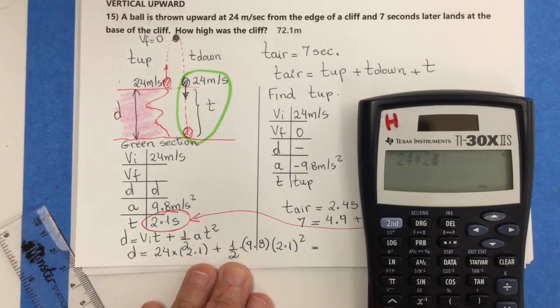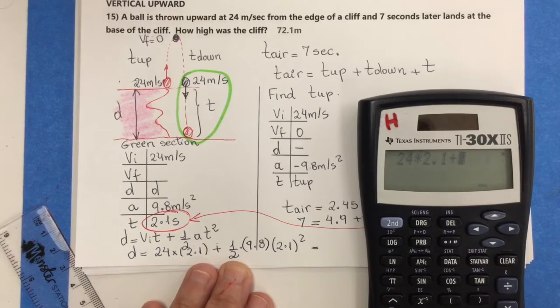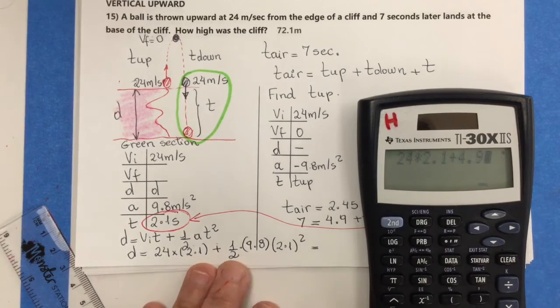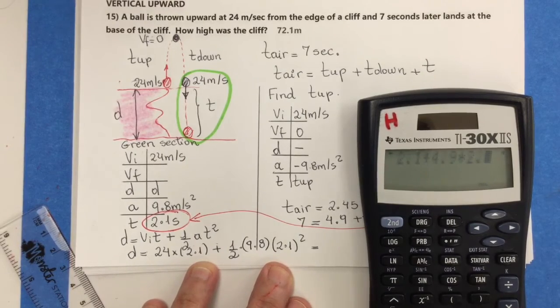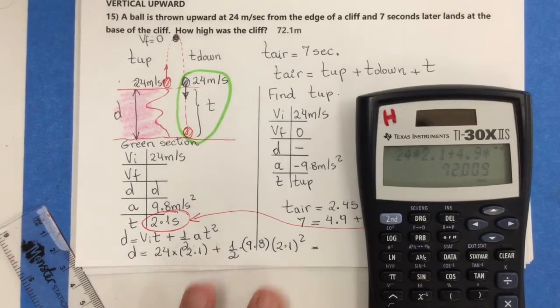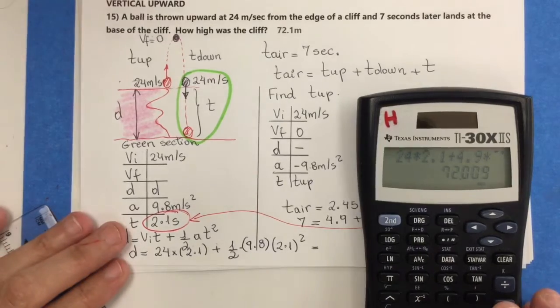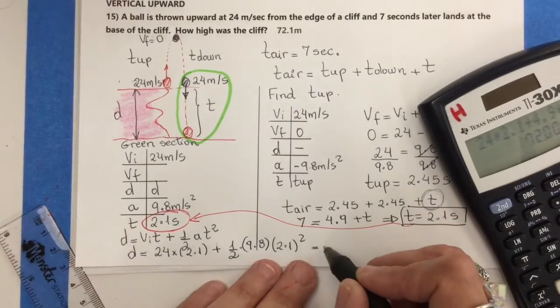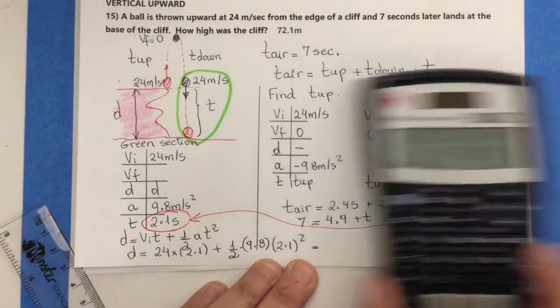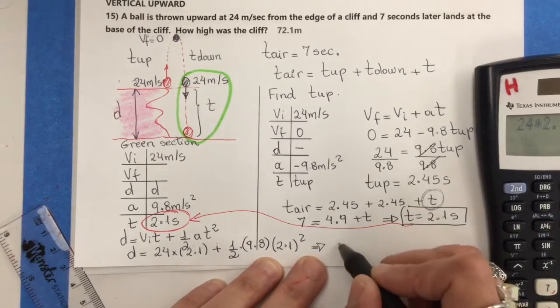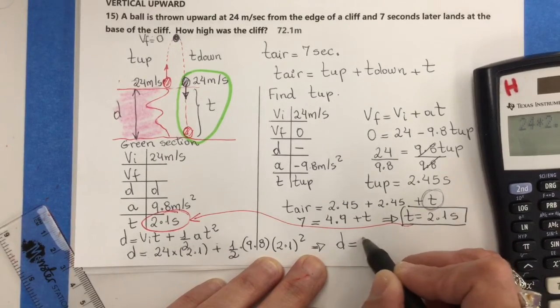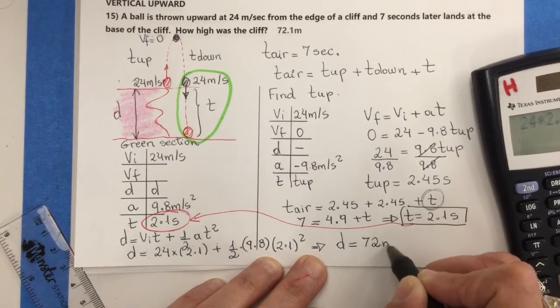24 times 2.1 plus 4.9, which is 9.8 divided by 2, times 2.1 squared, is 72 meters. So the height of this cliff is 72 meters.